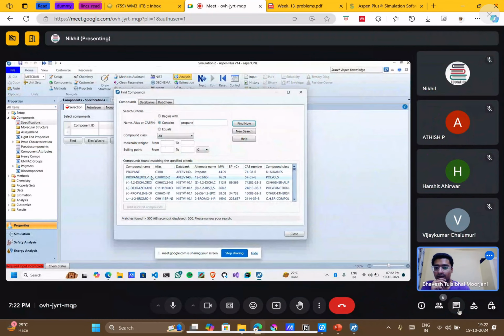Yeah. Add propane. Now search for propylene. Not propene, propylene.